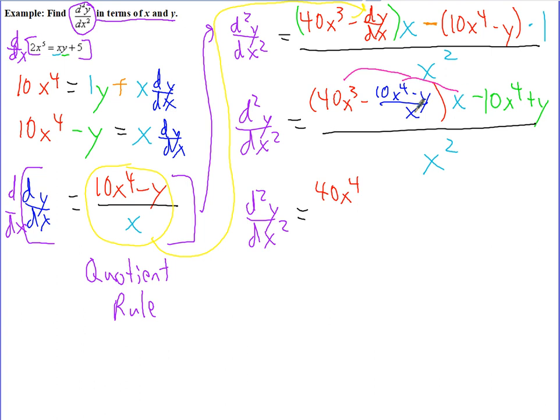And then here the x is reduced out, so you have this negative right here. Be careful. That negative, since the x is reduced out, the negative applies to the whole thing, the whole 10x to the fourth minus y in parentheses. And then we still have negative 10x to the fourth plus y divided by x squared.